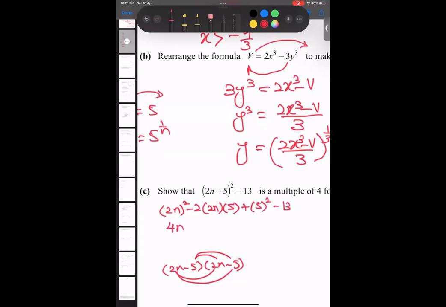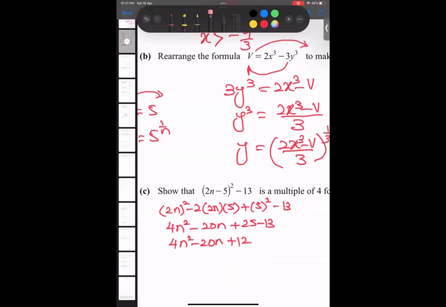Here I got a 4n squared. Here 2 times 4 times 5 is 20n. And 25 minus 13. And it gives us 4n squared minus 20n plus 12. And you can see now very clearly that every number is divisible by 4. You take it common out, best technique.